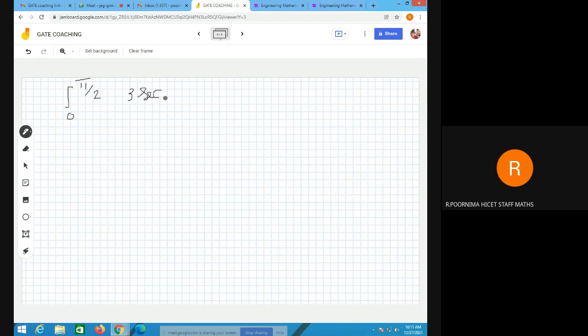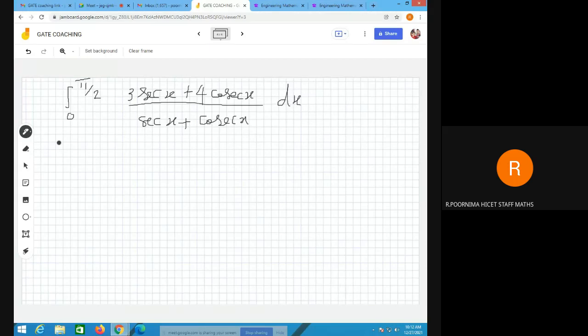We are going to write the test. 3 secant x plus 4 cosecant x, whole divided by secant x plus cosecant x, into dx. So this is the question.